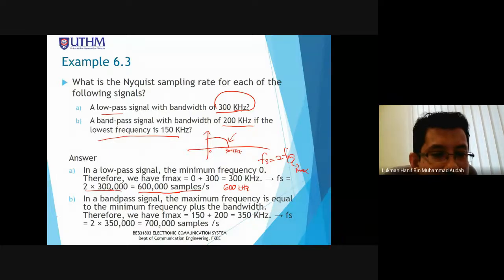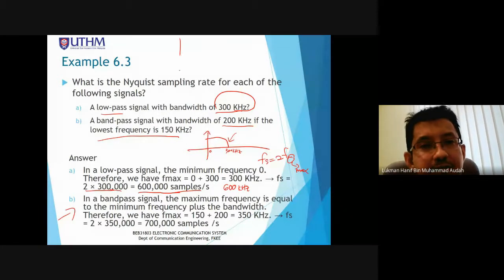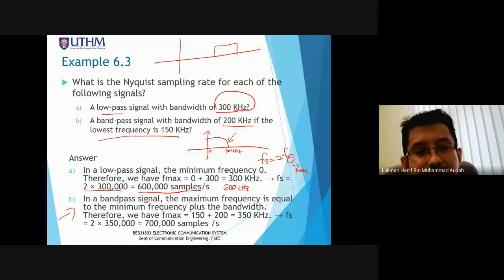And then a band pass. Band pass bermakna dia adalah frekuensi yang lebih besar di sini. Band pass dikatakan bahawa di sini bandwidthnya adalah 200K starting daripada 150K. So kalau bandwidthnya adalah 200K, the lowest frequency is 150K.